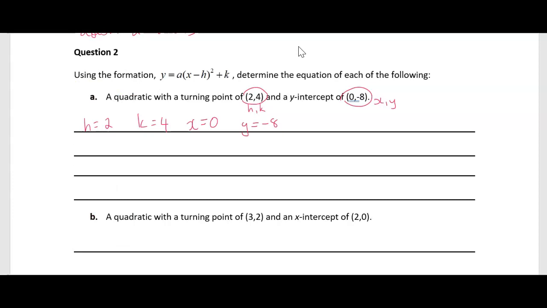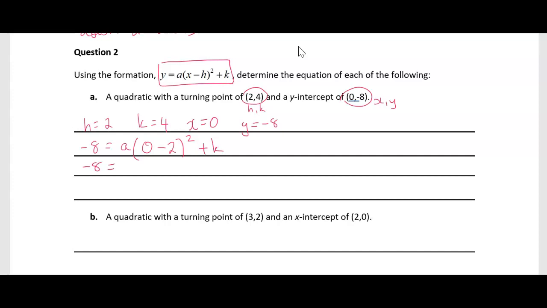All right, so our general form, turning point form, is here. So it's just substituting all these 4 values in and then solving for a. So we're going to have -8 equals a, which is what we're solving for, times 0 minus 2 squared plus k.